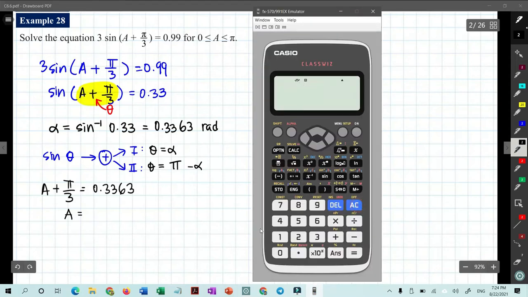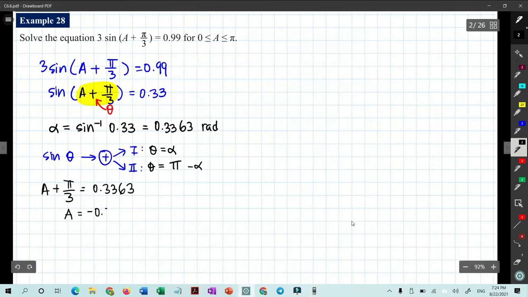Let's use the calculator. 0.3363 minus pi over 3. The value of pi that I'm going to use here is 3.142 divided by 3. And I get negative 0.7110.